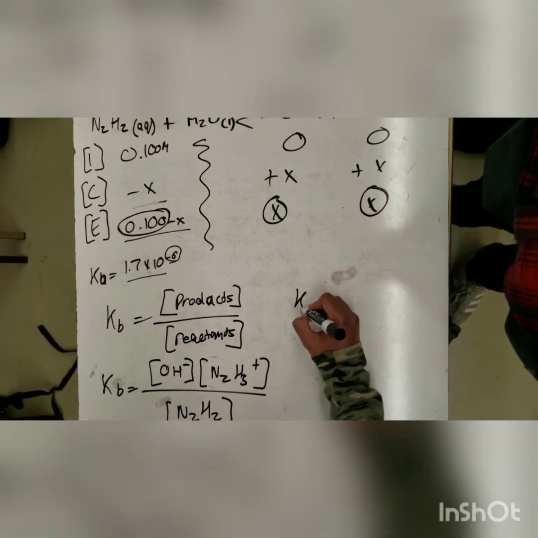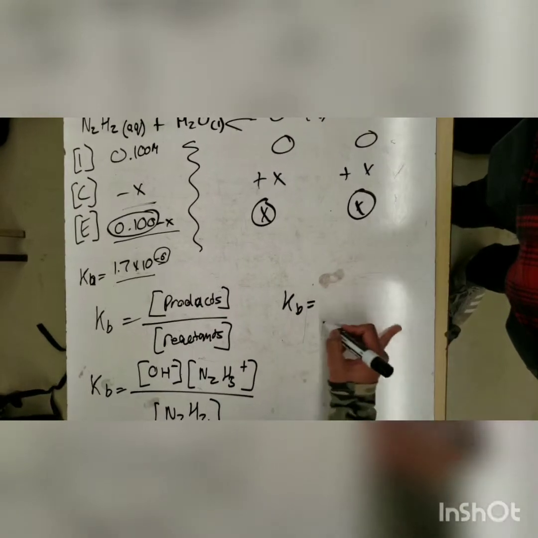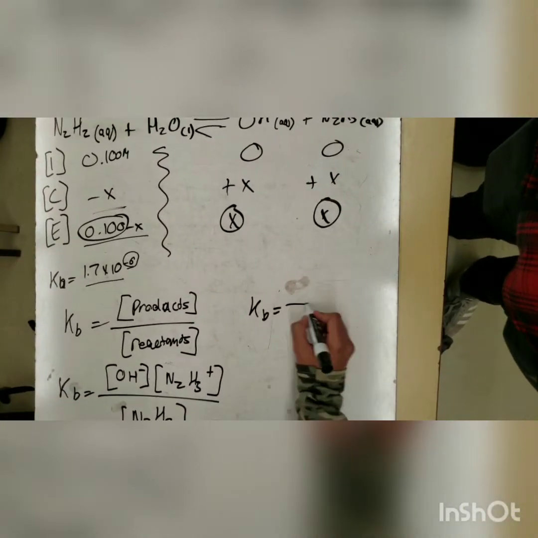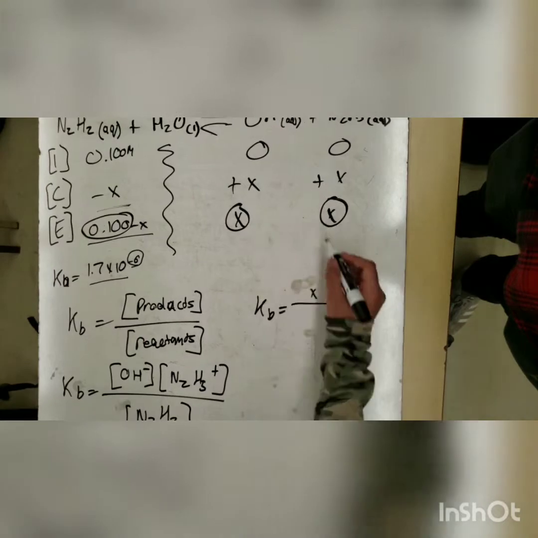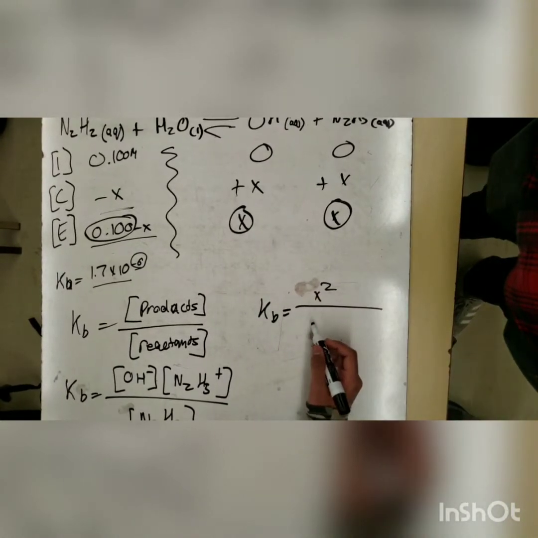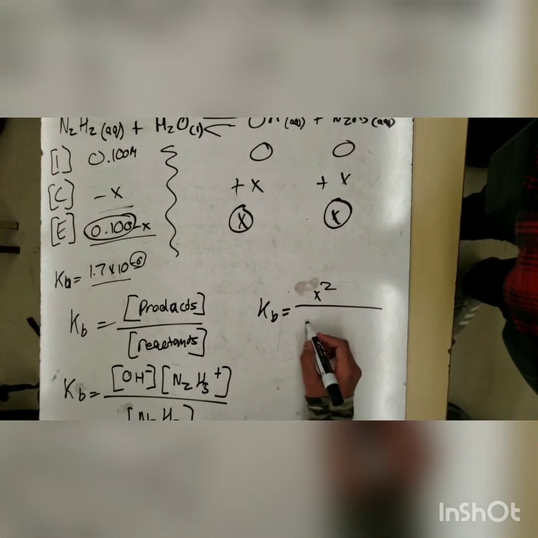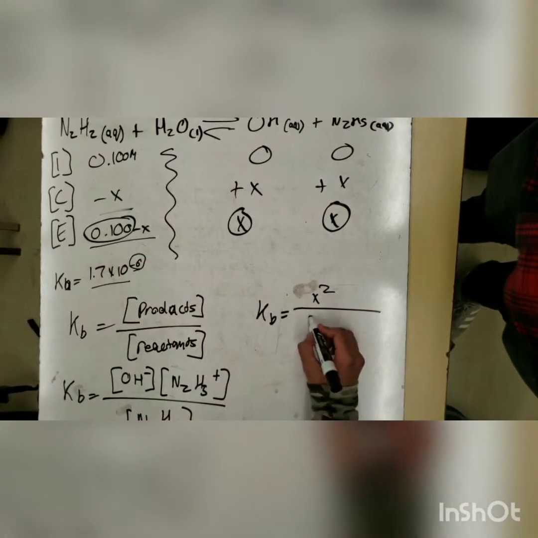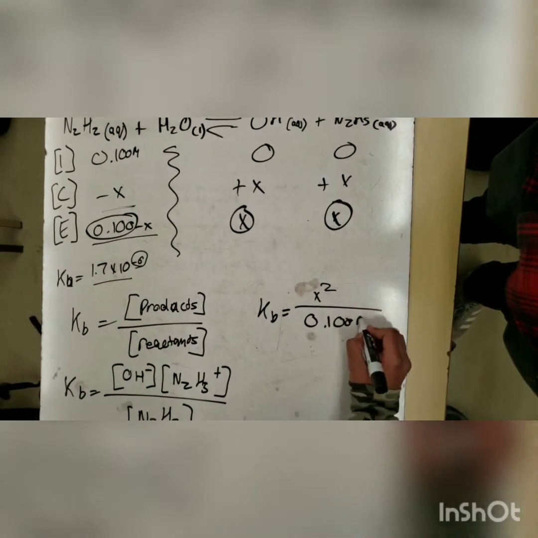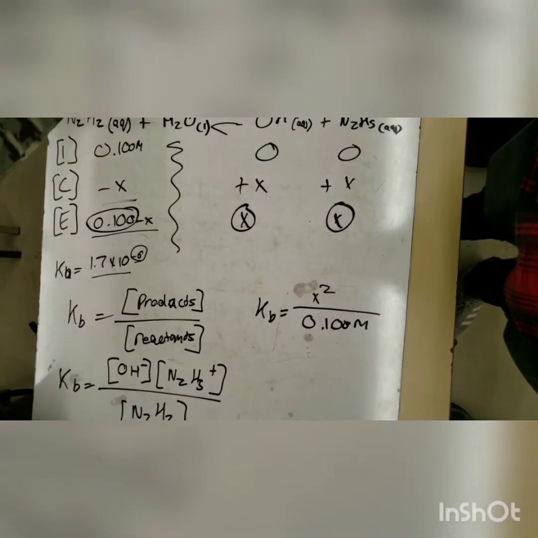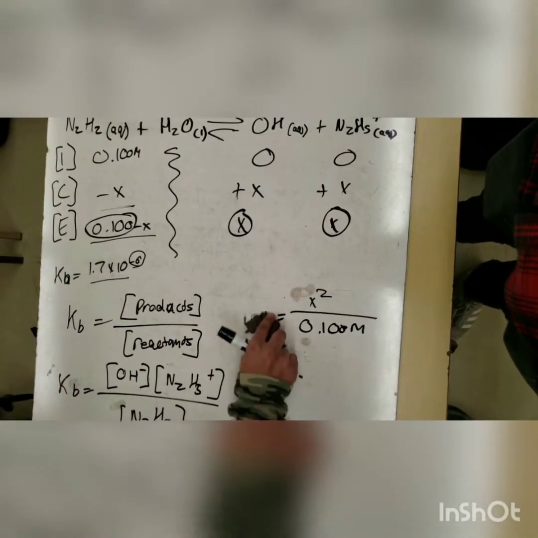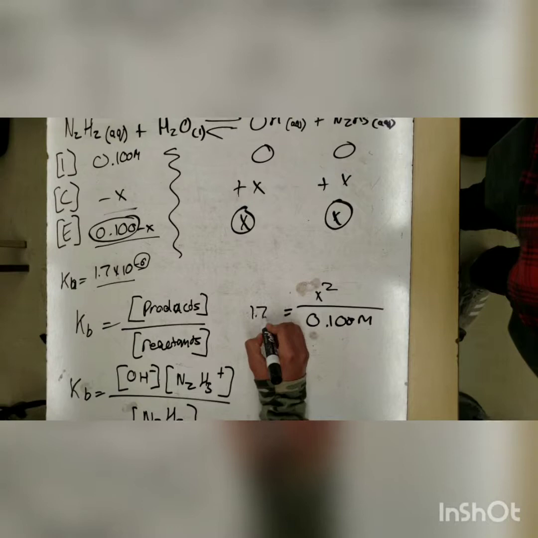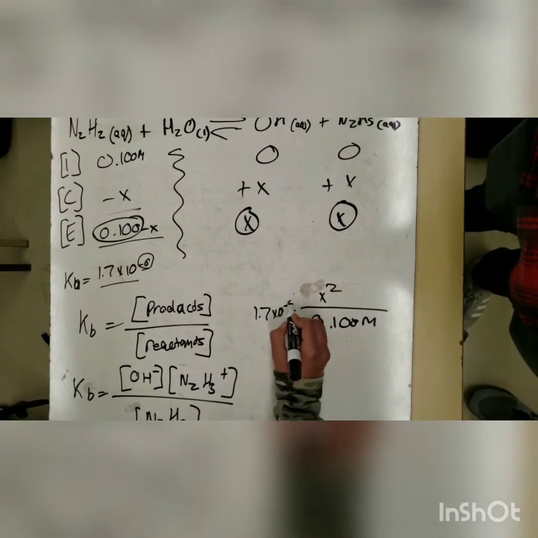So if we go here, the Kb of this, we know that these two are unknown, so it's x times x, which is x squared, and under we have the initial concentration that we were given, so 0.100 M, and what we also know is the Kb of this formula, which is 1.7 times 10 to the power of negative 6.